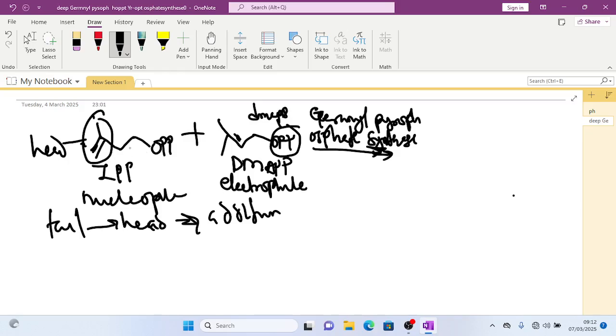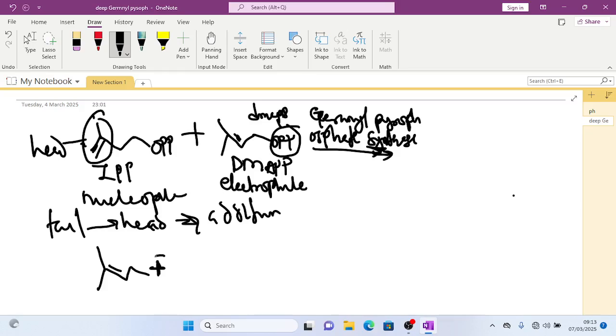Alright, let's look at the DMAPP electrophile. It looks like this. Now the pyrophosphate group has been lost enzymatically, and so we have the dimethyl allyl cation.